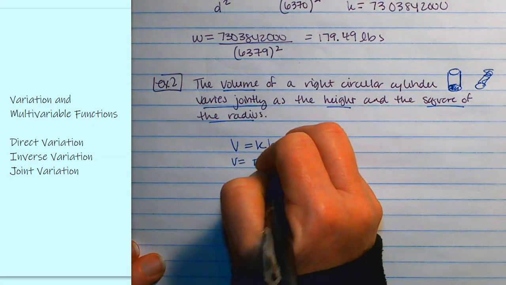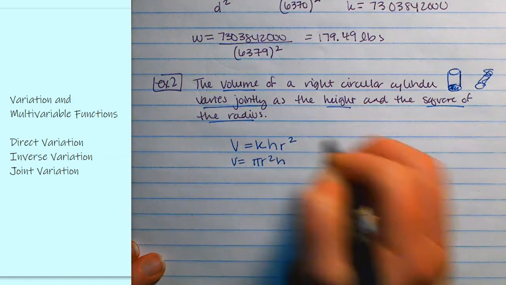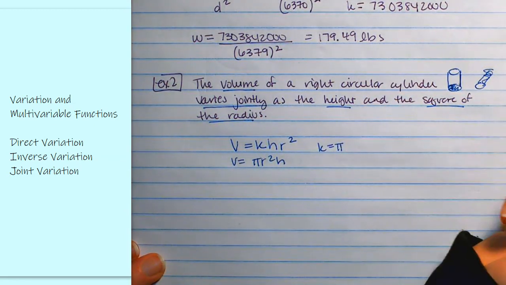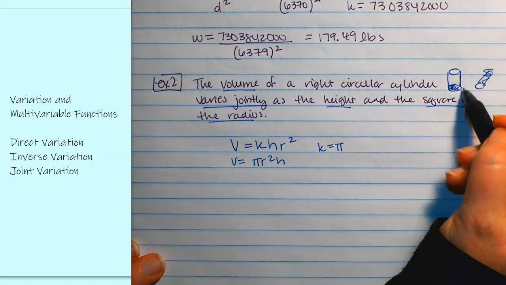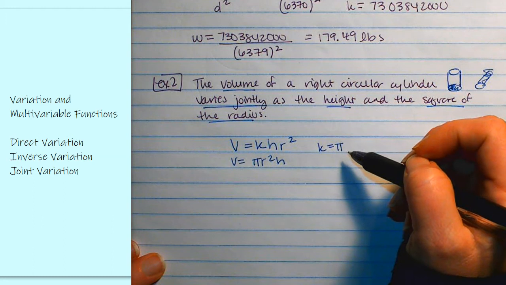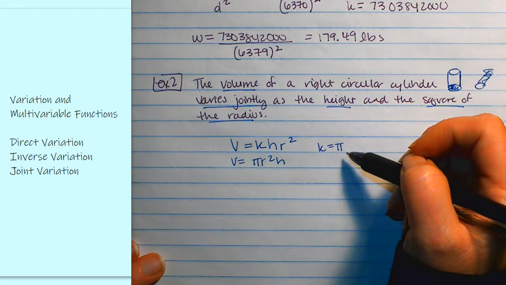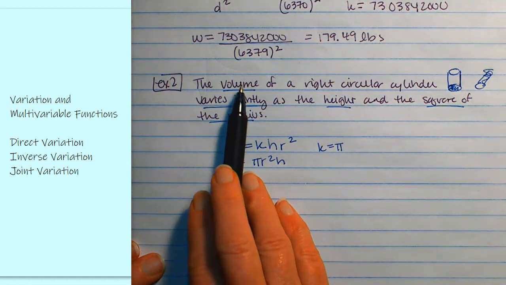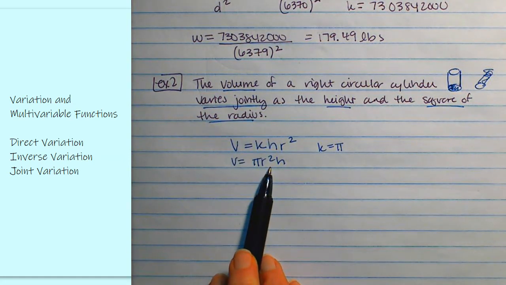It's pi r squared, the area of a circle, times the height. So in this particular case, k equals pi. And that's the case with all circles. That's that constant of proportionality playing there. So I just wanted to show you how you, again, take the words and put it into math.